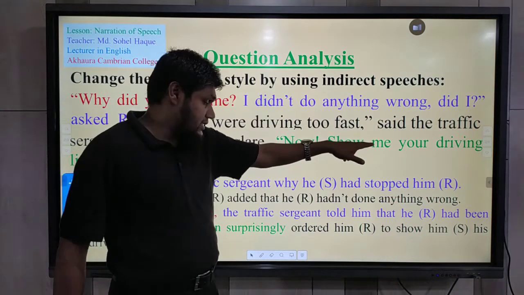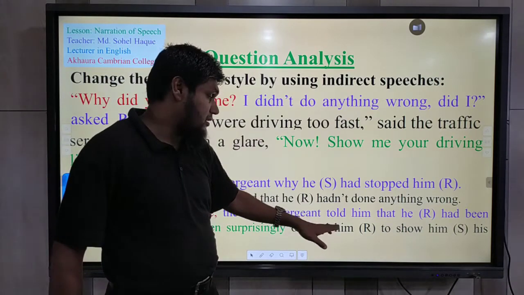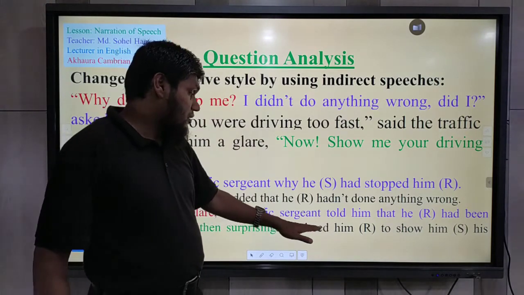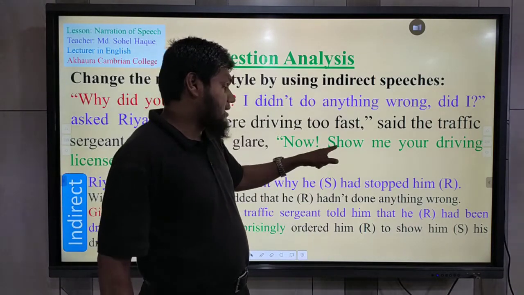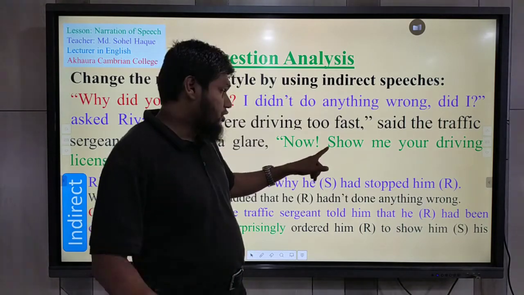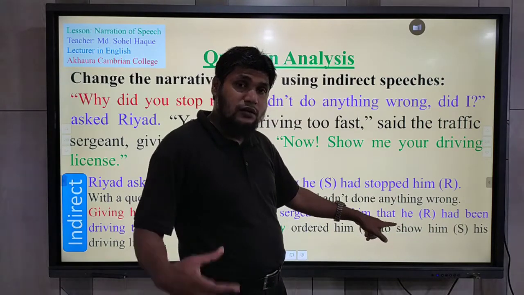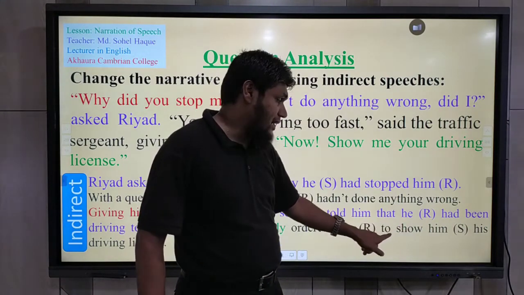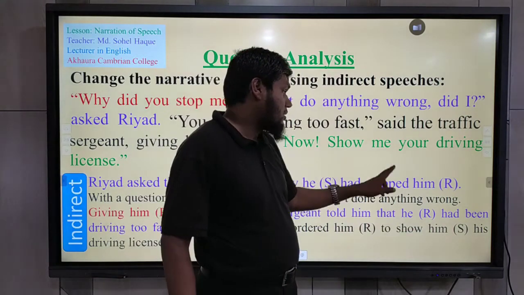It's an imperative sentence, so you should use ordered. Ordered him, that means Riyadh. So the traffic sergeant ordered Riyadh. What's the rule of an imperative sentence? You should use to plus verb at the beginning of the speech. So you should use to show.